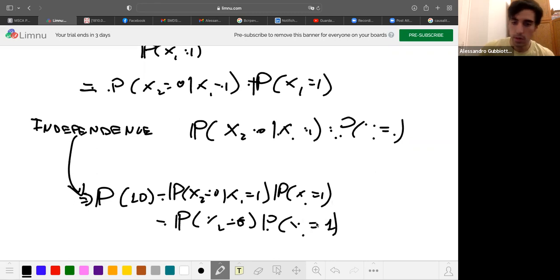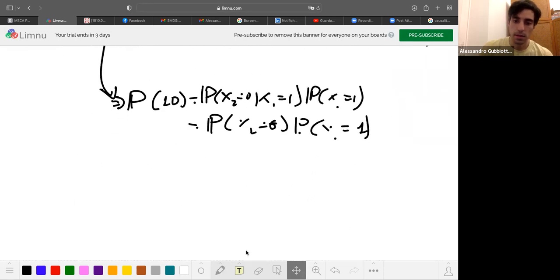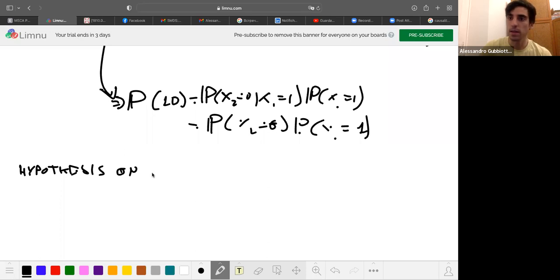This is the independence hypothesis. Now we use the hypothesis on the coins: they are identical, and the success parameter is p.